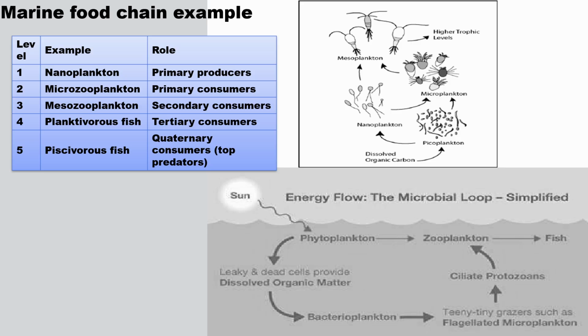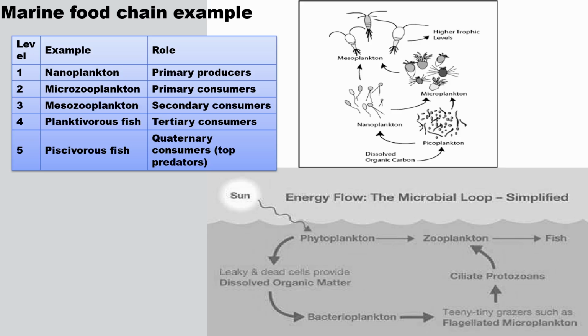The energy from the sun first reaches phytoplankton. These phytoplankton do not send all the energy straight to the zooplankton. Instead, they release dissolved organic matter, and when they die, their cells also break down. This dissolved organic carbon becomes food for bacterioplankton.